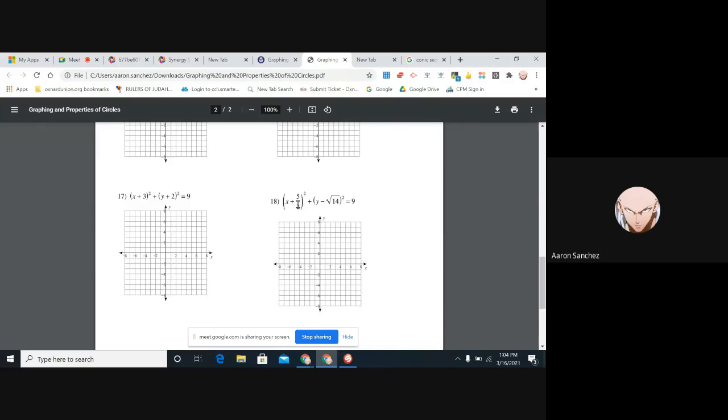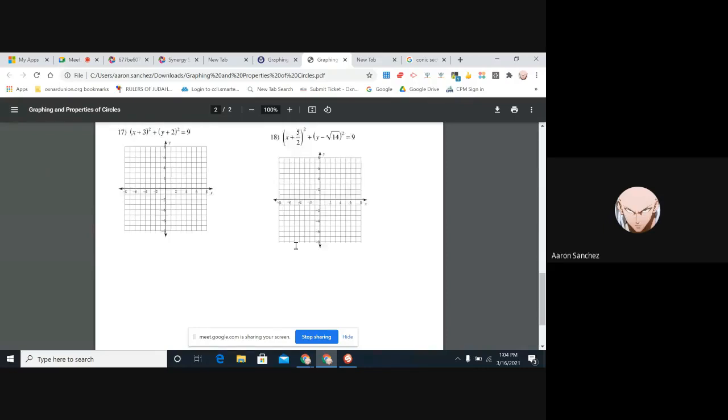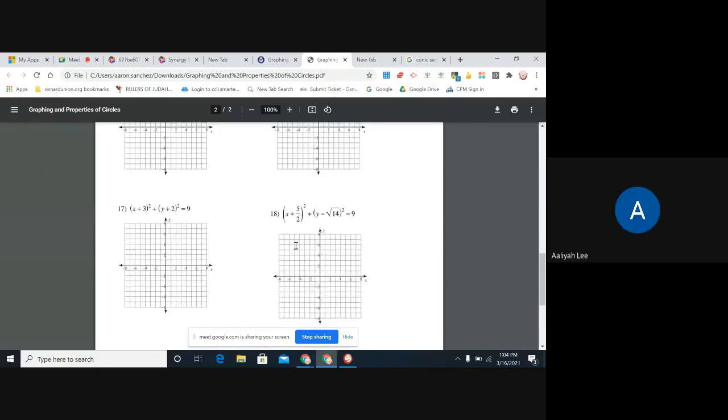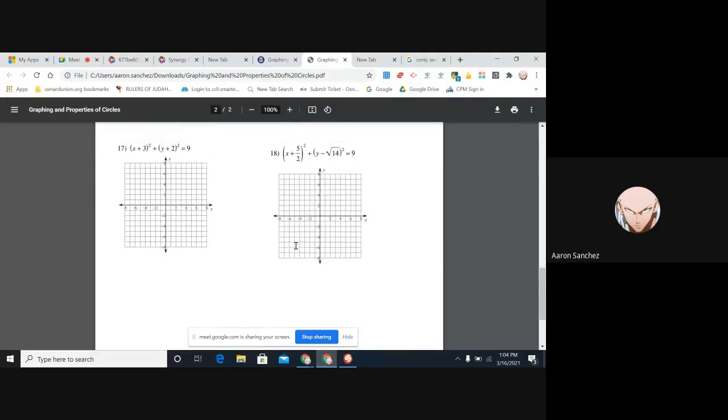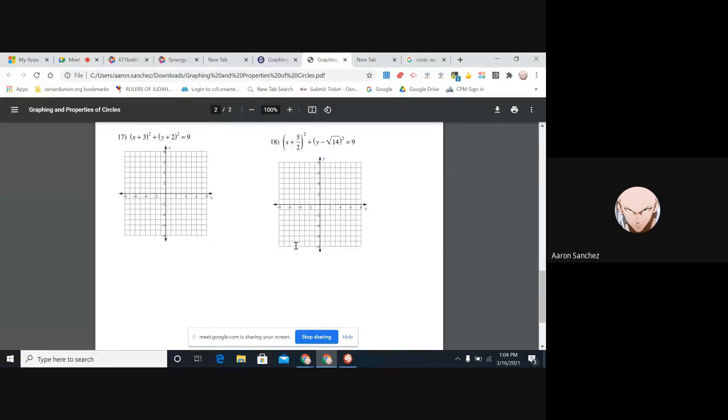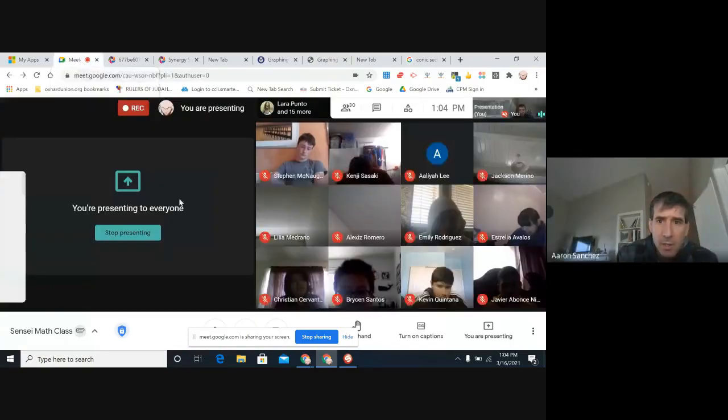Then the center is 2, 5, and the radius is the square root of 14, which is just going to be a decimal, so it's ugly. Other than that, I think we're good. You guys can figure that out. The answers are on the next set if you have questions on it. Are there any questions?